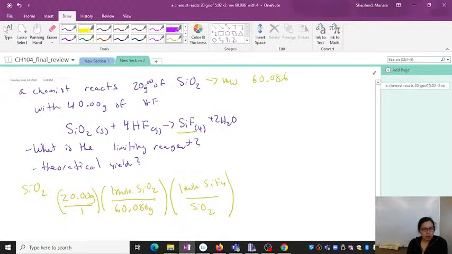And if we wanted, we could stop here. This would give us our answer. And then the last step, we just have to multiply the molecular weight of silicon tetrafluoride. But we could leave that till the end after we find our limiting reagent. Or you could go ahead and put it in grams. It doesn't really matter.